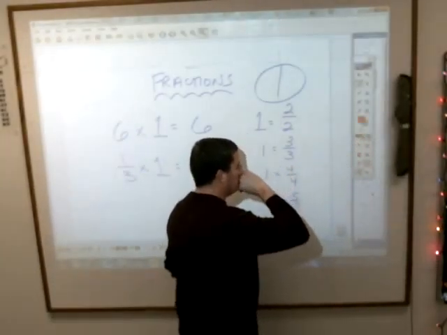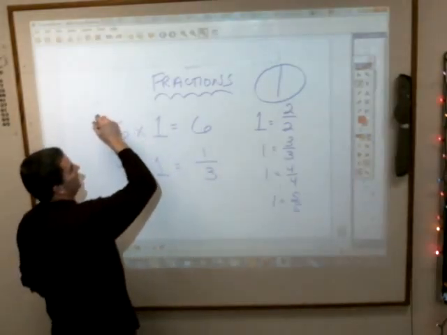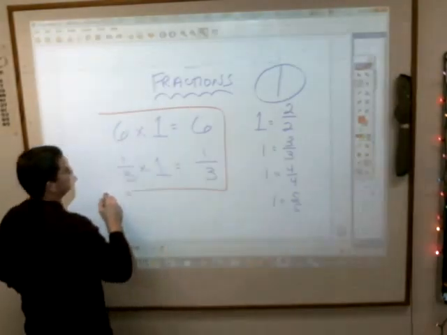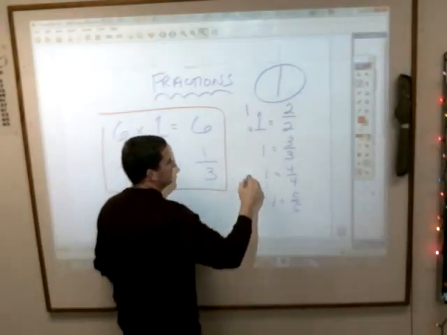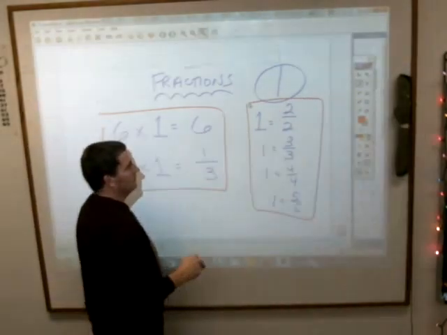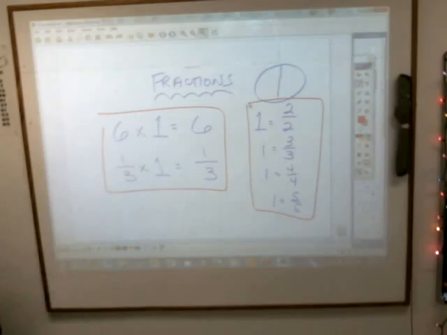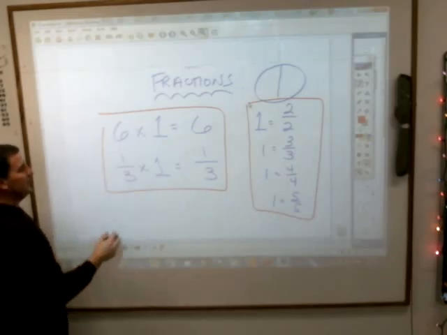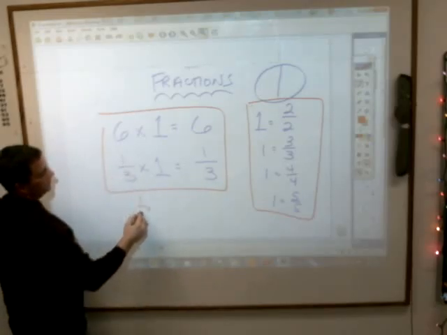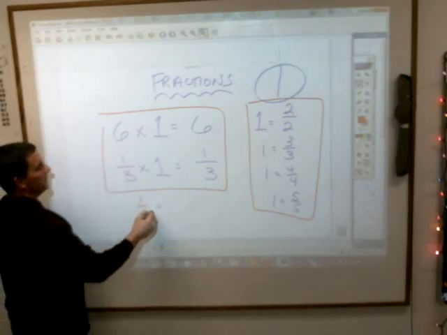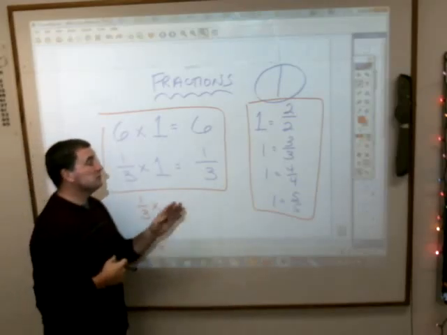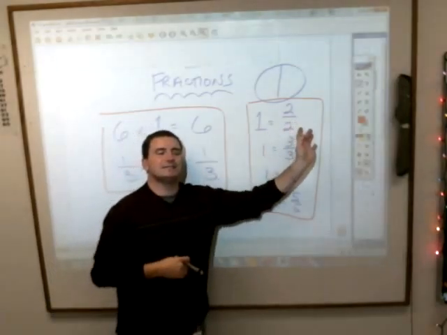If you take this and combine it with this, you get what we're going to talk about today. In other words, if I take a fraction, let's say my 1/3, and multiply it by 1, but we don't use the number 1, we use something that is the same as 1.